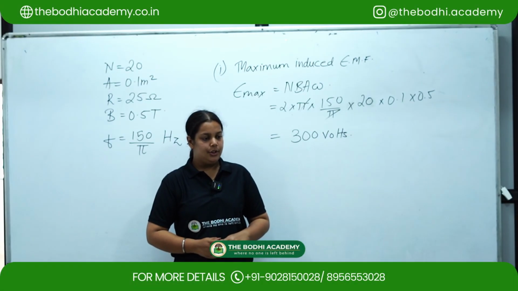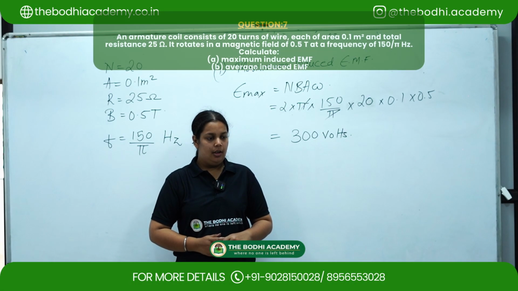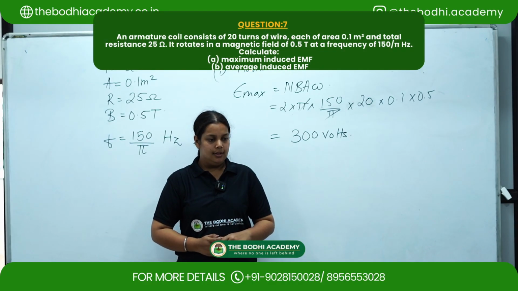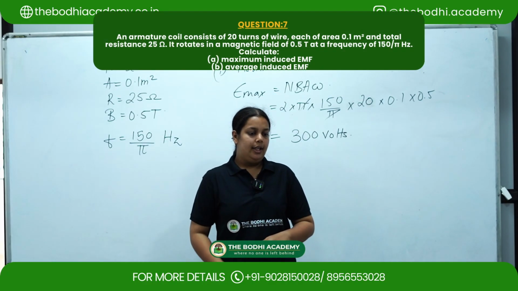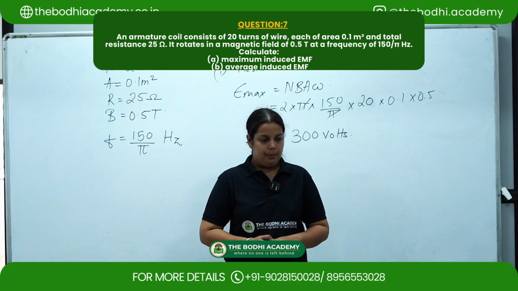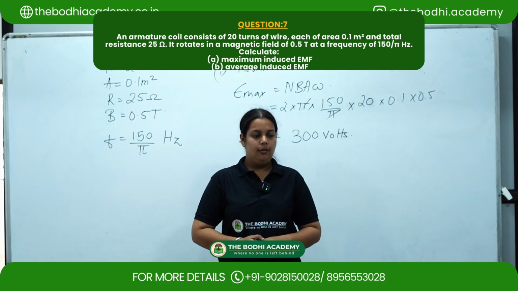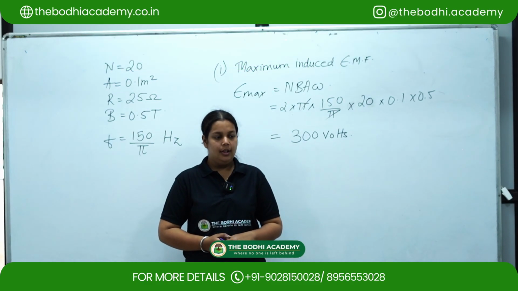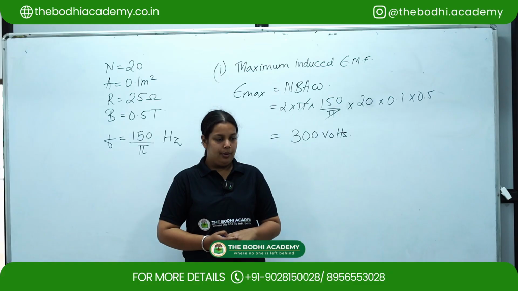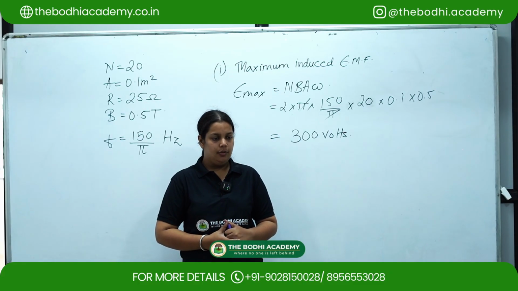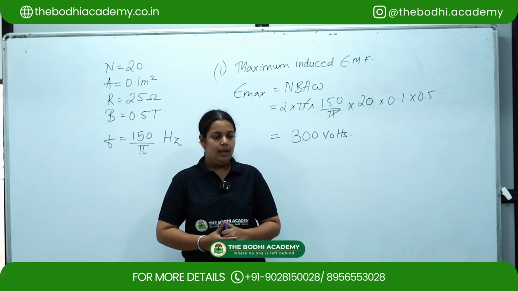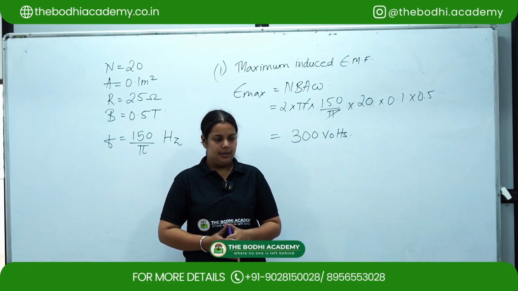Coming to the next question: an armature coil consists of 20 turns of wire, each of area 0.1 meter square, and total resistance of 25.0 ohms. It rotates in a magnetic field of 0.5 Tesla at a constant frequency of 150 by pi hertz.